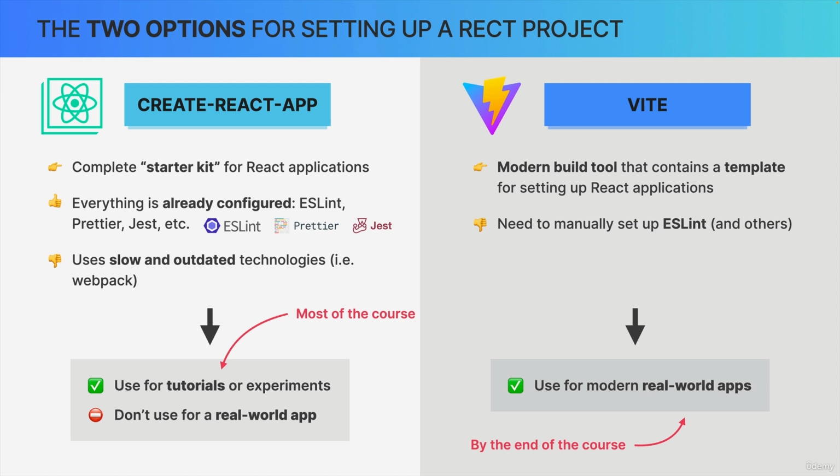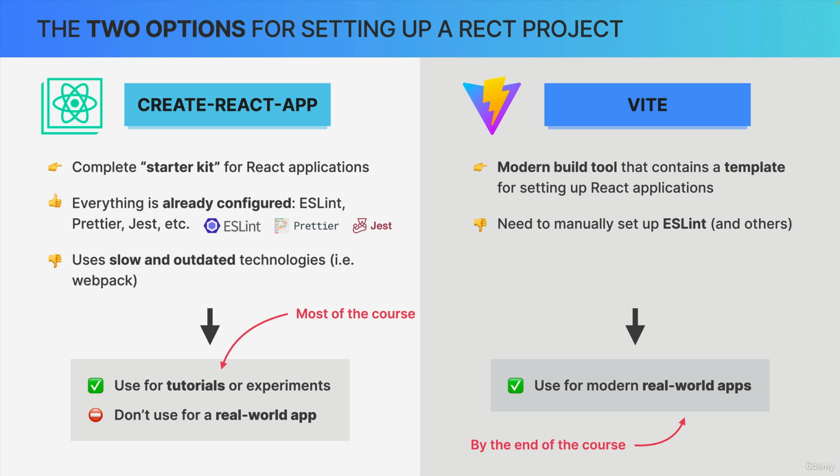And the most annoying and painful of those is setting up ESLint to play nice with React. So that can be a bit of work, and it can go wrong. And so this is the reason why I still recommend using Create React App for tutorials when we just want to get up and running as quickly as possible.